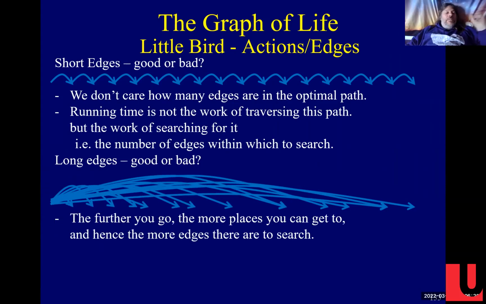If you have long edges, that means there are more places that you might go to, right? A long edge can take you here or here or here or here or here or here, right? So that's a lot of edges. In fact, if I have n nodes here, and I have an edge from each i to each j, then that gives me order n squared edges, right?